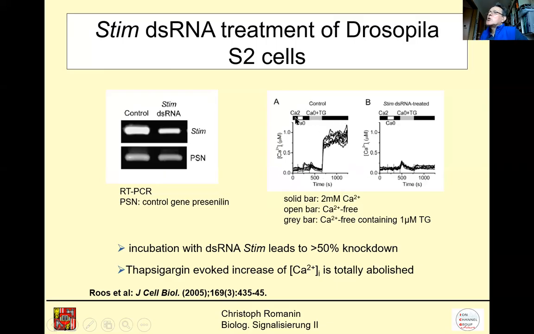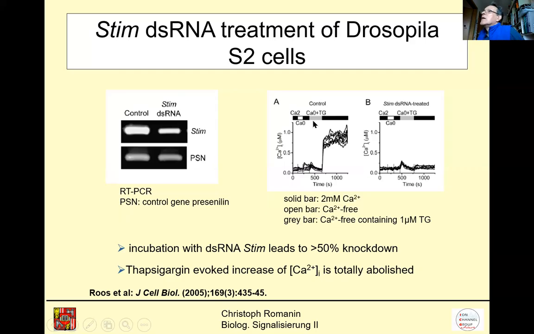You start with a 2 millimolar calcium concentration, then you switch to 0, and then to 2 millimolar again. That is just to check that the cell membrane is somewhat tight against 2 millimolar, a physiological calcium concentration, because the CRAC channels should not be activated in these cells.